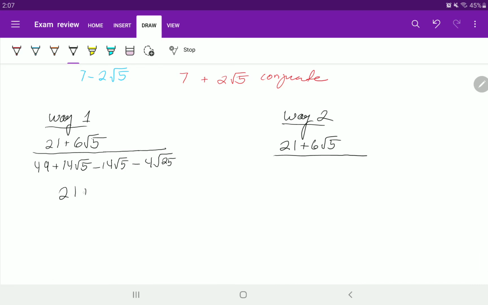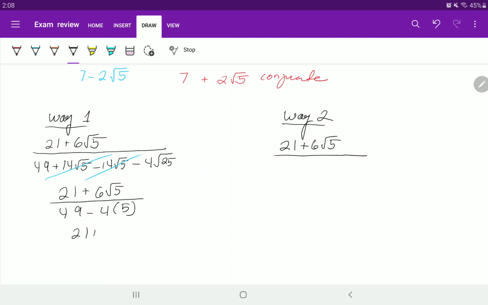So 21 plus 6 square root of 5 on top. And my denominator, 14 square root of 5 minus 14 square root of 5, that is 0. So that simplifies out. We're left with 49 minus 4 times the square root of 25, which is going to be 5. So 4 times 5.